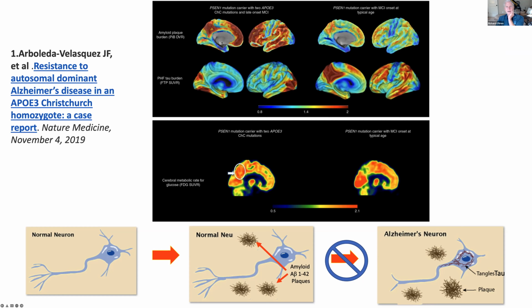And when she died, she was found to have just a brain chock-a-block full of amyloid, but almost no tau. And when they checked her APOE status, she had this very rare Christchurch homozygote mutation.